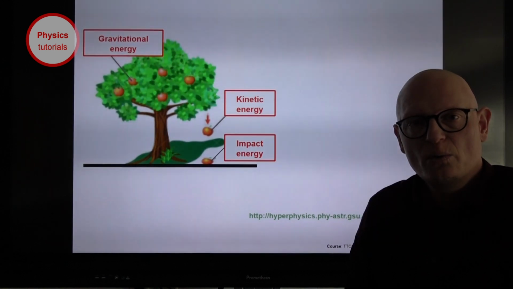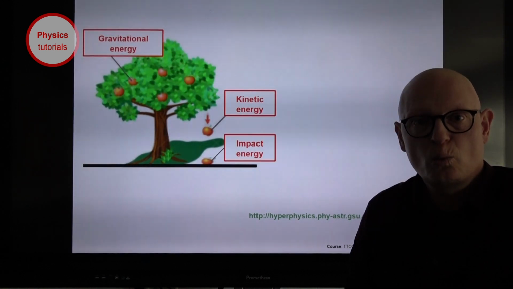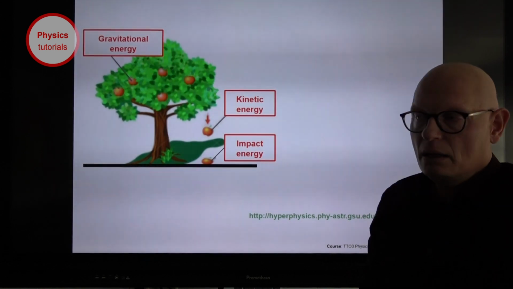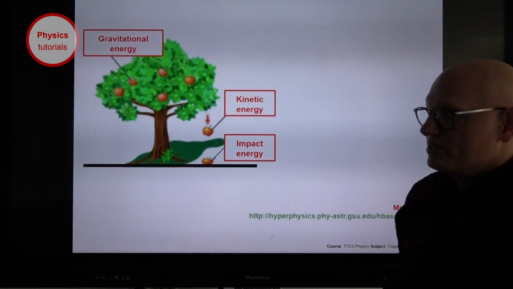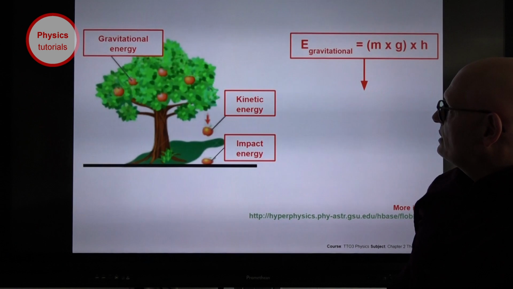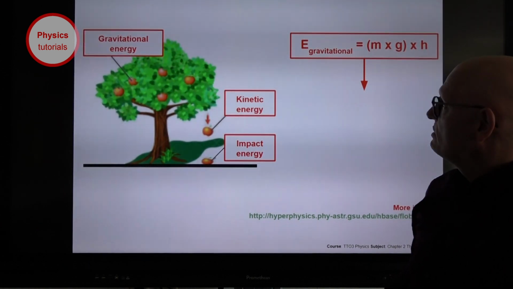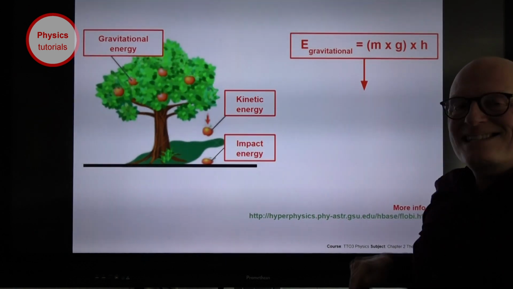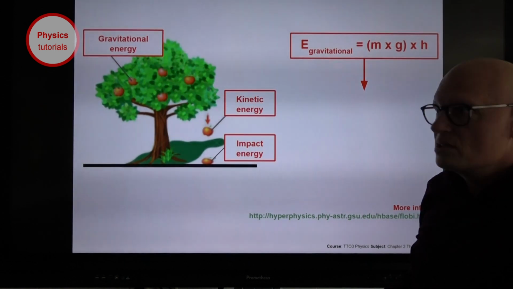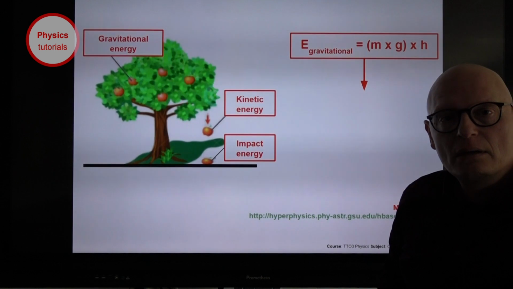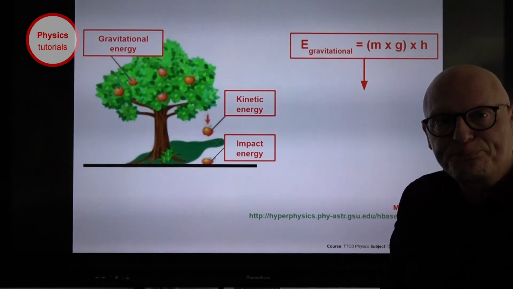In physics, we can also explain these three stages with the help of a formula. When we look at gravitational energy, you can calculate the amount of gravitational energy when you know the object's mass, you know the gravity constant, and you know the height the apple is hanging.